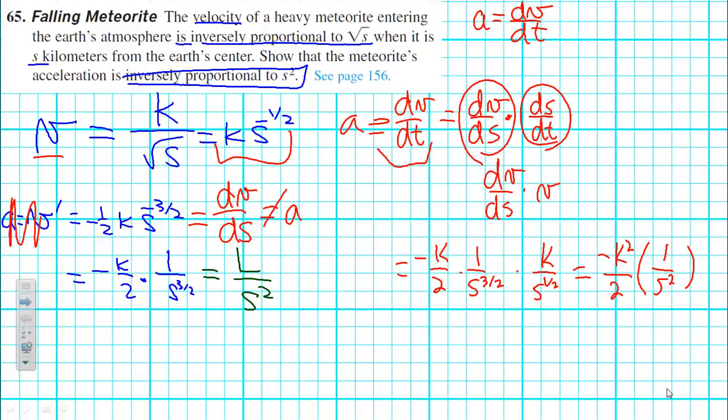There's my new constant of proportionality. Acceleration is inversely proportional to s squared. Do you see how this looks like that other kind of chain rule? Remember I said, for the most part, I don't use this. That's the exception.